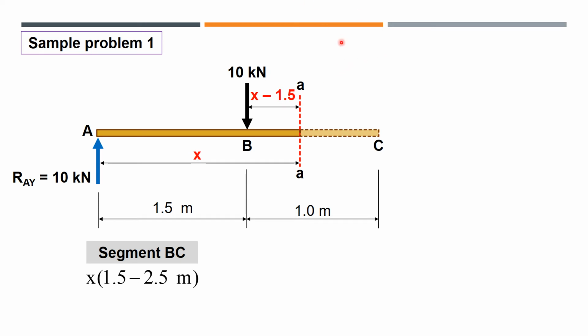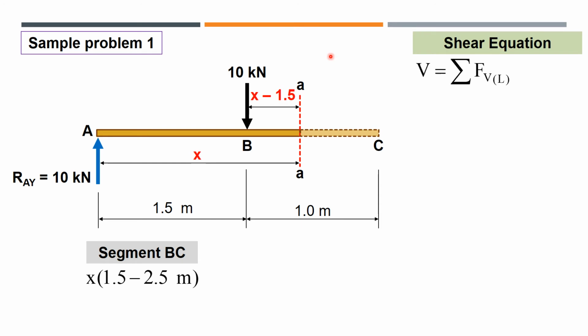So, let us now formulate the shear equation by summing up vertical forces to the left of the cutting plane. So again, ang nasakop nitong distance x ay itong dalawang vertical forces. So we have RAY, which is upward, minus 10 because this is downward.